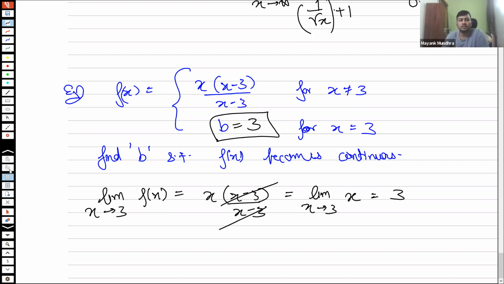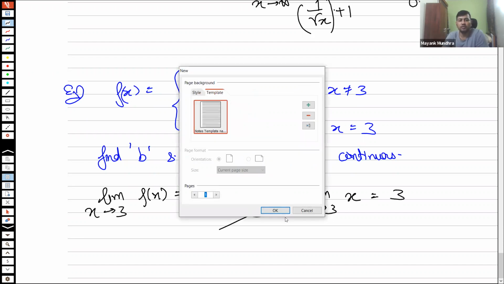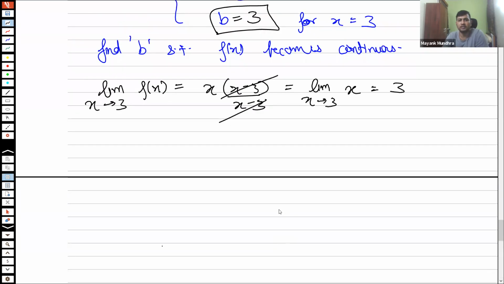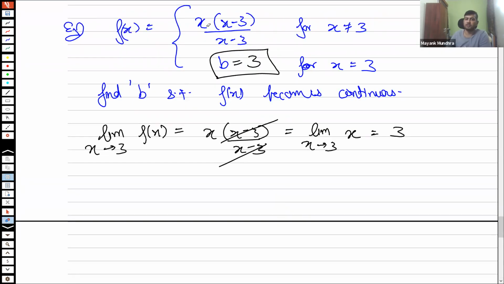So the bottom line is that if you have a question of this format, suppose instead of giving the function, he just gives you some random function h of x for x not equal to a, and some constant value b at a. So when x is not equal to a, the function follows some function h of x.